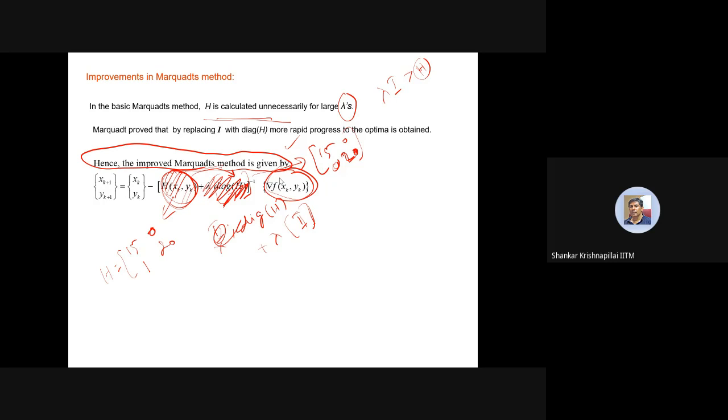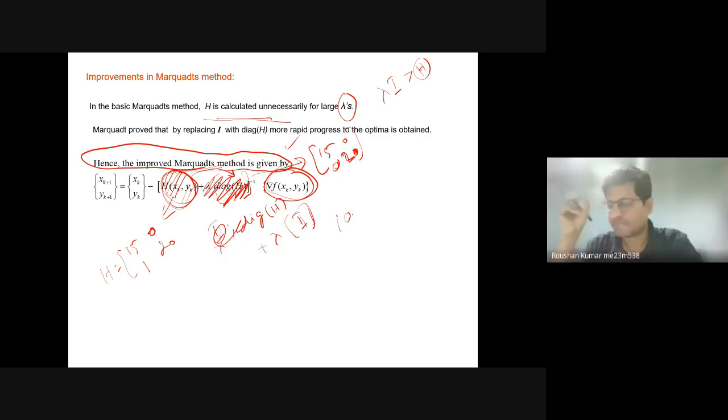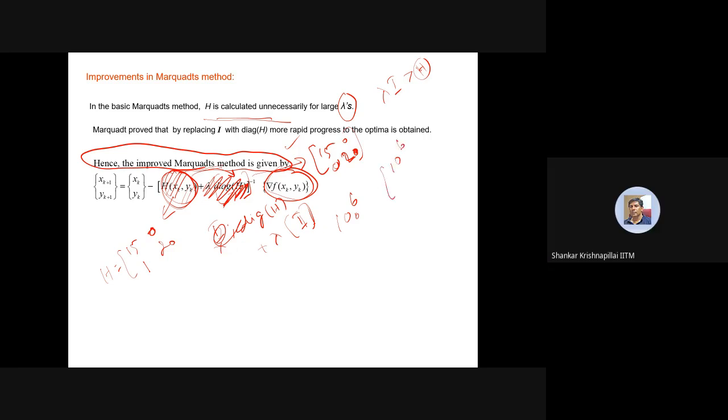So what I'm saying is, suppose lambda becomes like 10 raised to 6 or something. Then lambda into I becomes 10 raised to 6, 0, 0, 10 raised to 6, plus this H matrix. H matrix may be like 12, 1, 0, 2, etc. So this will become 10 raised to 6 plus 12, 1, 0, 10 raised to 6 plus 2.